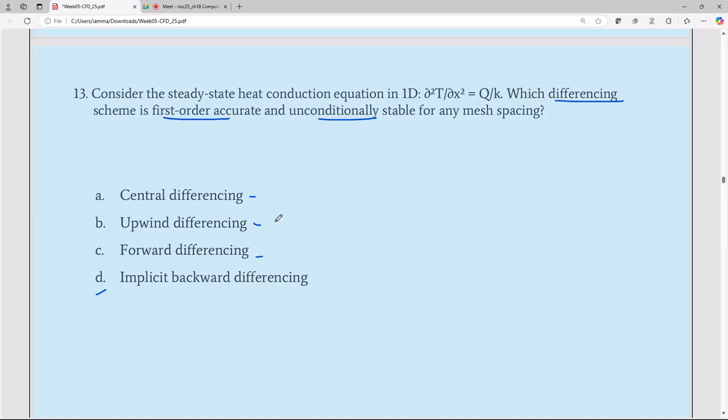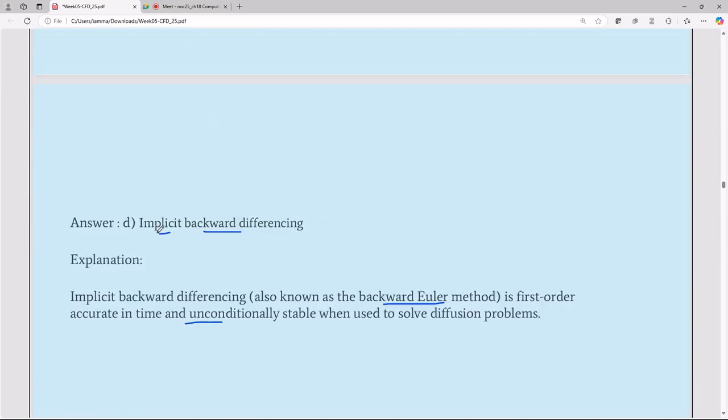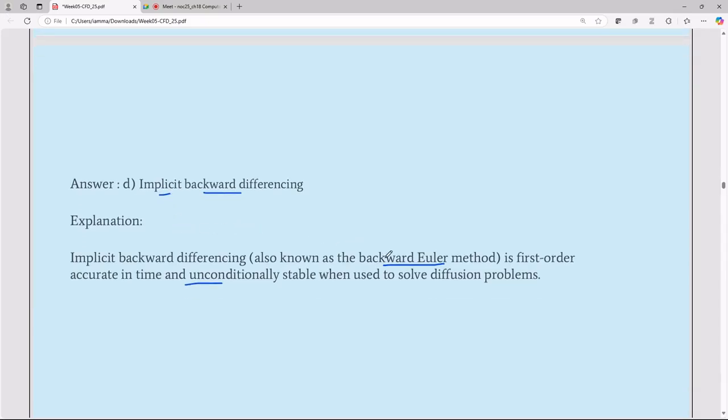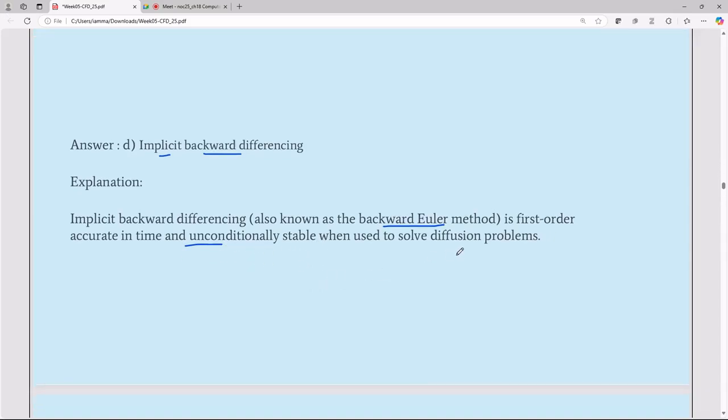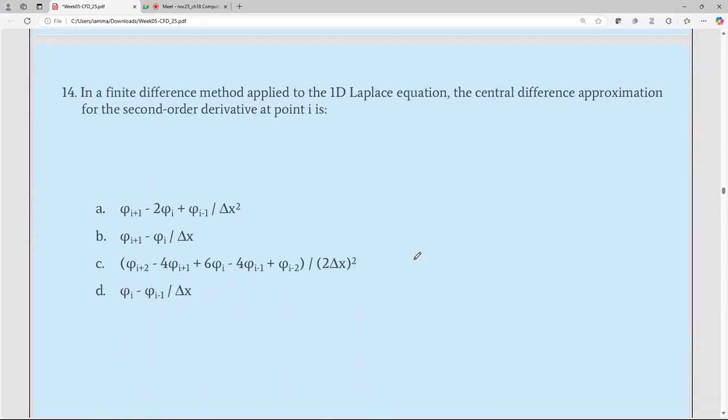So we have to set the mesh size and time stepping according to the Courant number limitations. Then only these two become stable. Whereas implicit schemes, implicit forward or backward implicit, that is the Euler methods, are unconditionally stable and first order accurate for diffusion type of problems. Moving on to the next question.